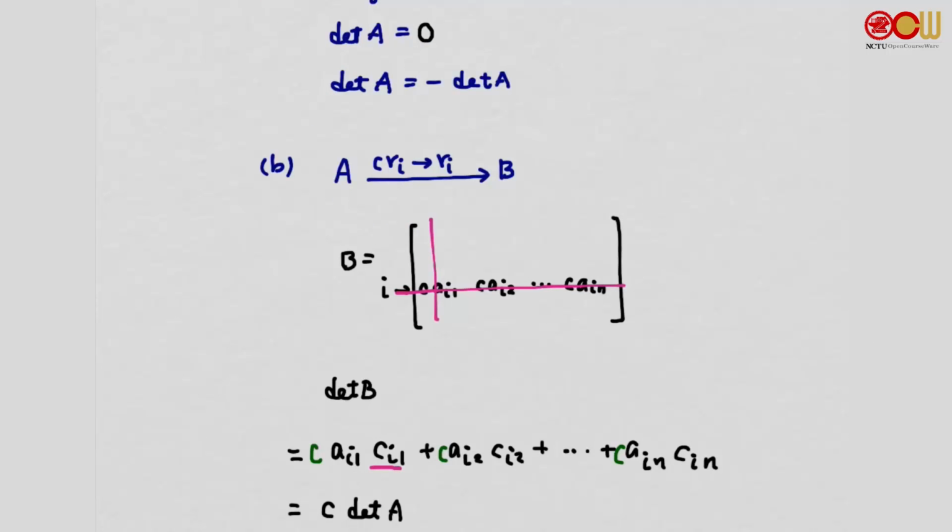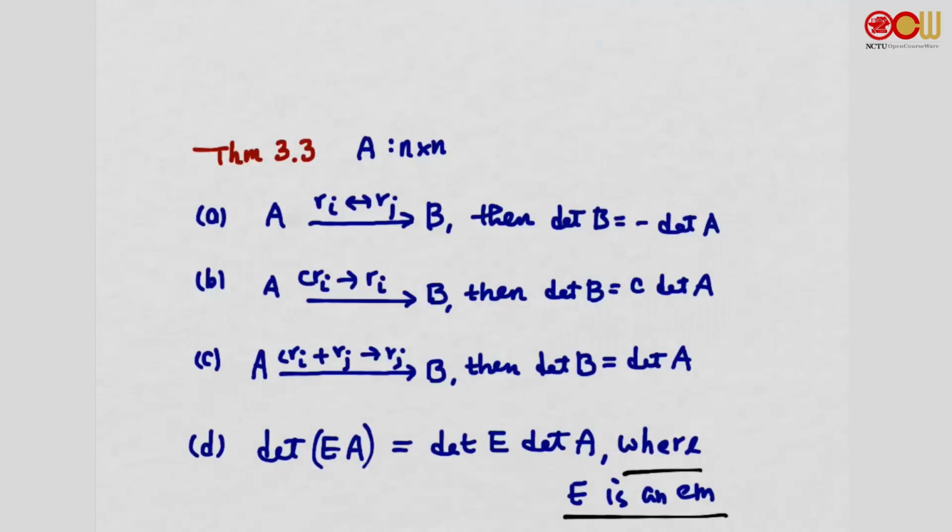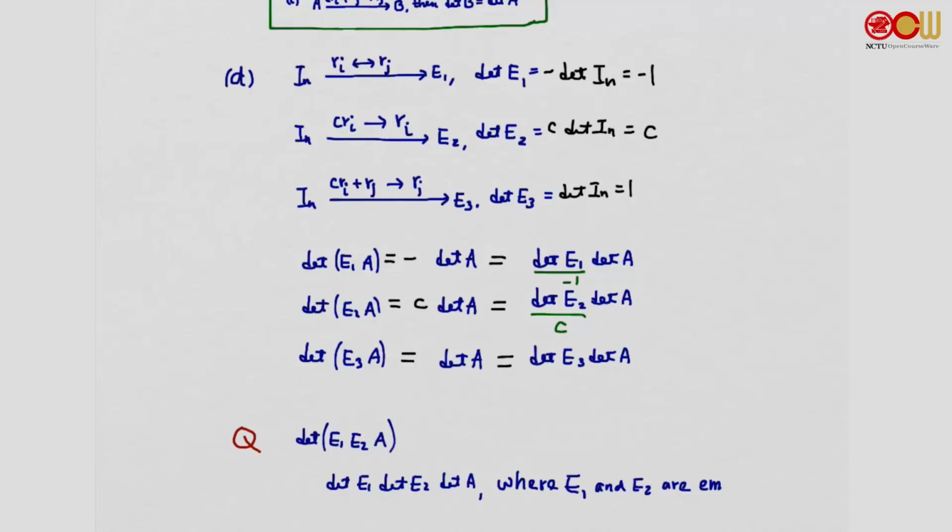And we see that this is C times determinant A. So that's the proof for B. And for those of you who are interested in the proof for item C, you can look it up in the textbook.